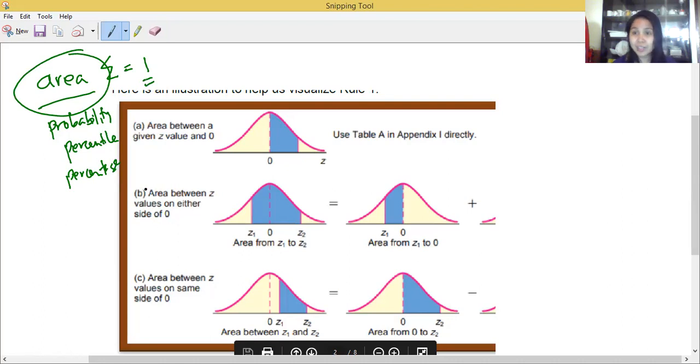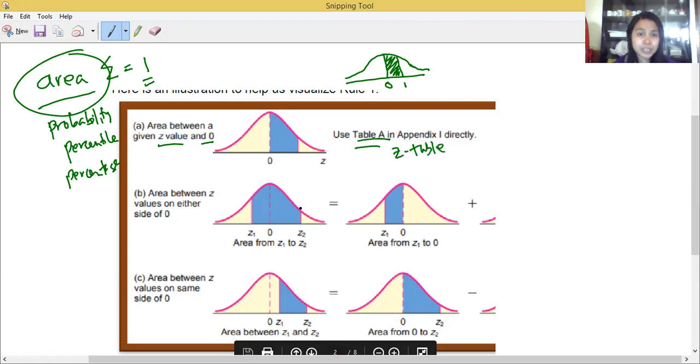So the highest area is 1. If I ask you, what's the area between the given z value and 0? It looks like this one. What's the area from 0 to 1? So this is 0, this is 1. This is the area from 0 to 1. How do we find it? We just go directly to our table A, or this is our Z table.